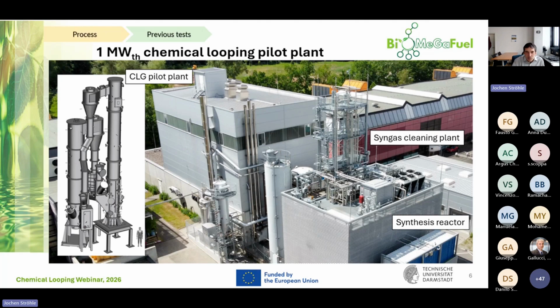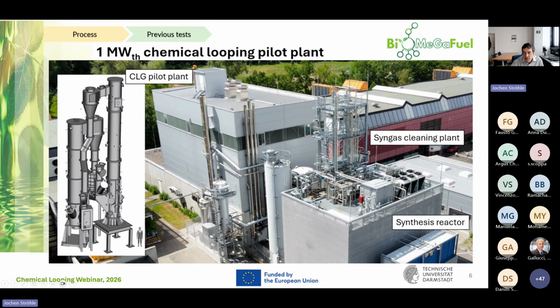Okay, now here an overview of the 1 megawatt chemical looping pilot plant. On this photograph, you can see the facilities located in Darmstadt. This high building in the middle contains the chemical looping unit, the coupled fluidized bed reactor system. And then on the right-hand side, these towers are the syngas cleaning plant.